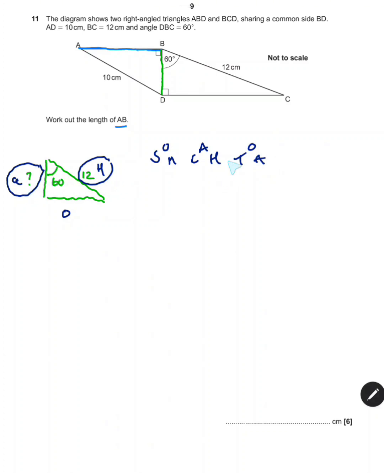Adjacent hypotenuse. This is a cosine question, so let's write that down. Cos theta equals adjacent over hypotenuse. Substitute what we've got. Theta is the angle, so we've got cos 60 equals question mark over 12.